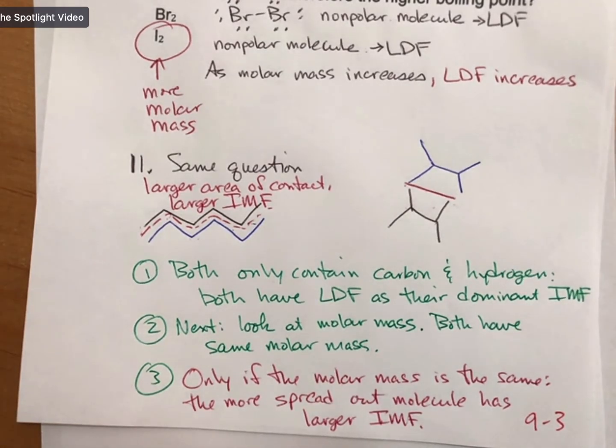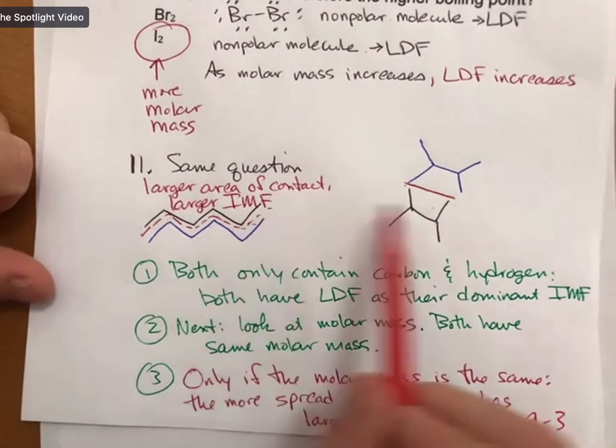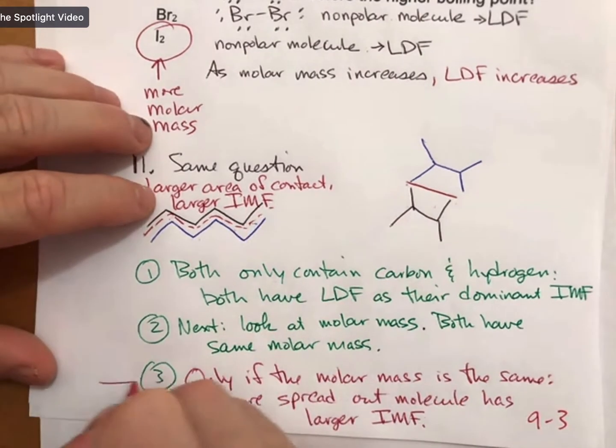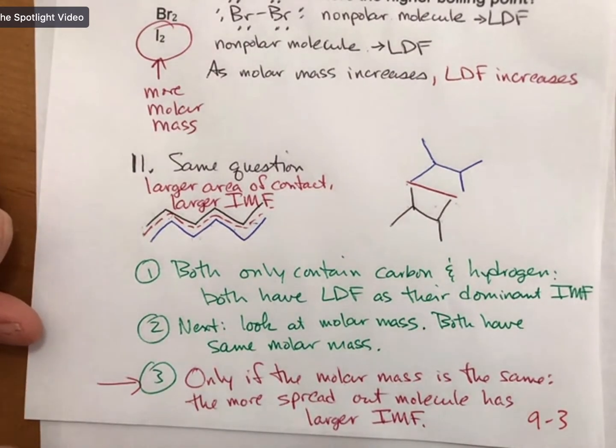And you'll see on the recitation today, one of the questions has 2 molecules with the same molar mass, and then we are going to have to go and look at how spread out each of them is. The more spread out. And these are real effects, by the way. We talked about these real effects in the lecture outlines. It leads to real differences in physical properties, real differences in boiling points.